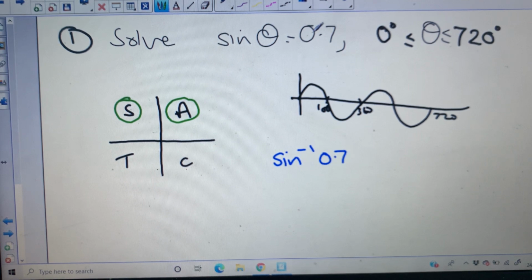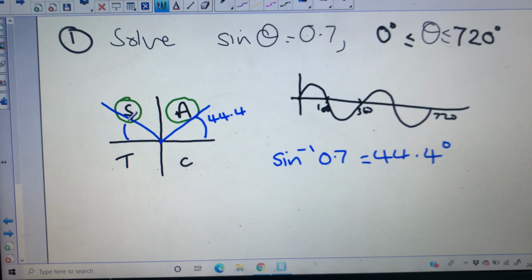I ignore whether this is positive or negative, I've dealt with it by circling the quadrants. This is what I love about the CAST diagram. Inverse sine 0.7, I've got 44.4. So I draw into the ringed quadrants from the nearest x-axis, drawing in 44.4 and 44.4.